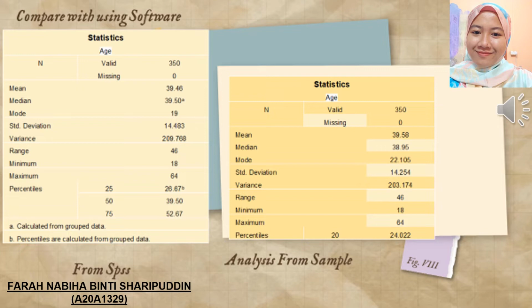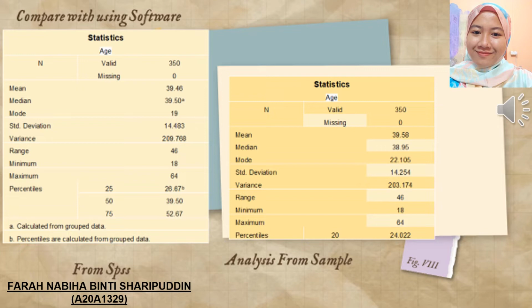From SPSS variance, we got 209.768. Compared with variance from sample, we got 203.174. So we can conclude that the use of software and sample is not much different.